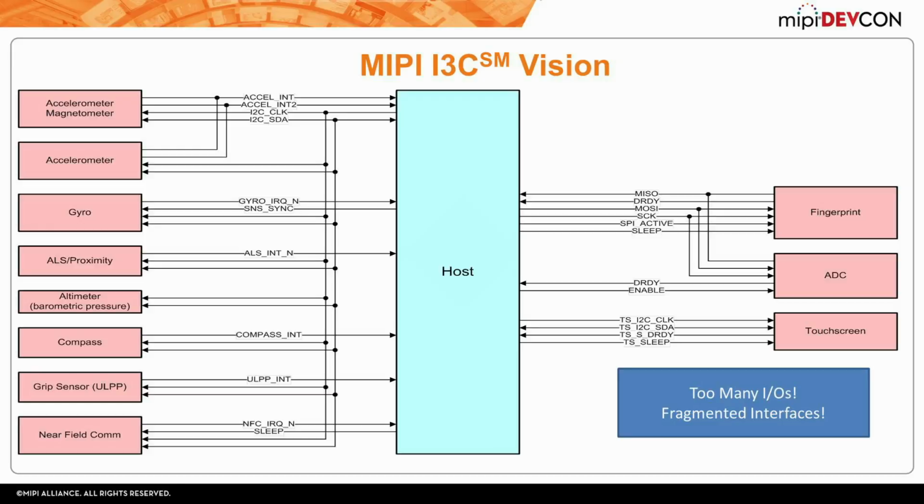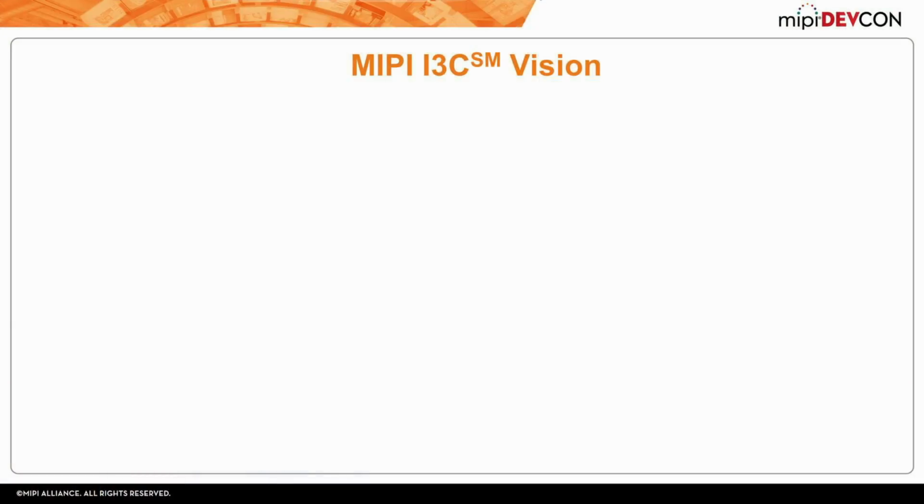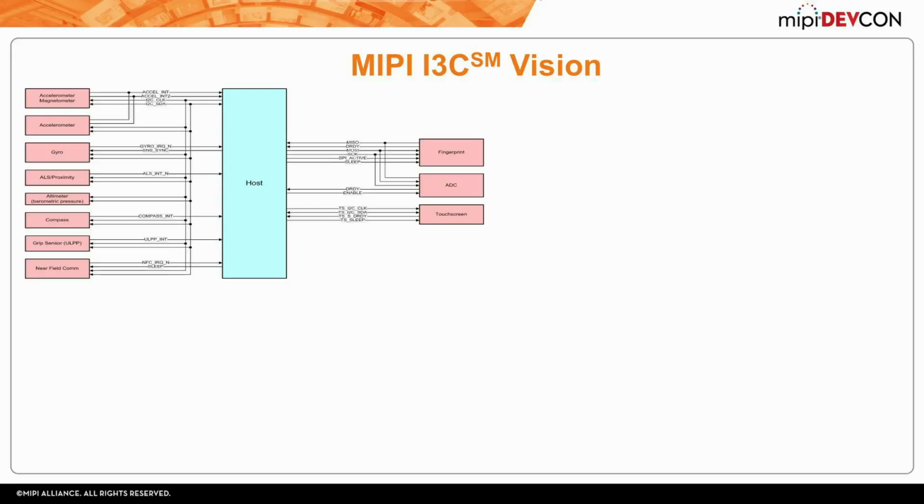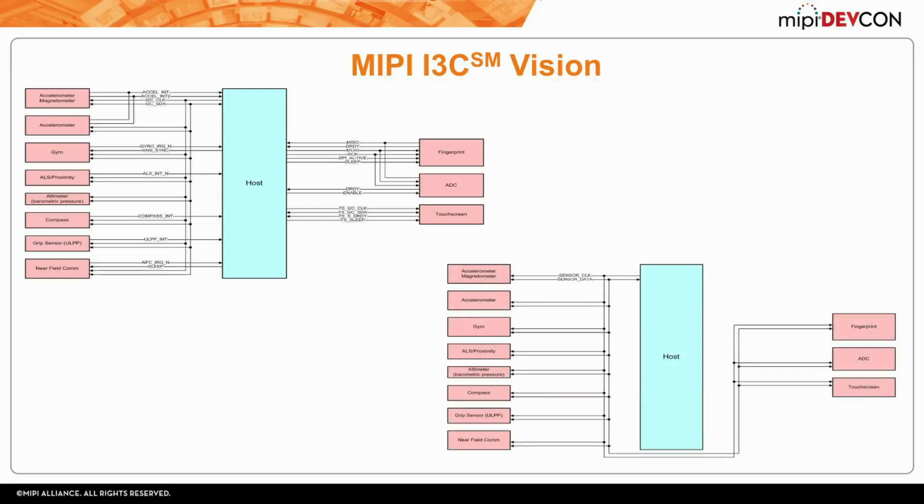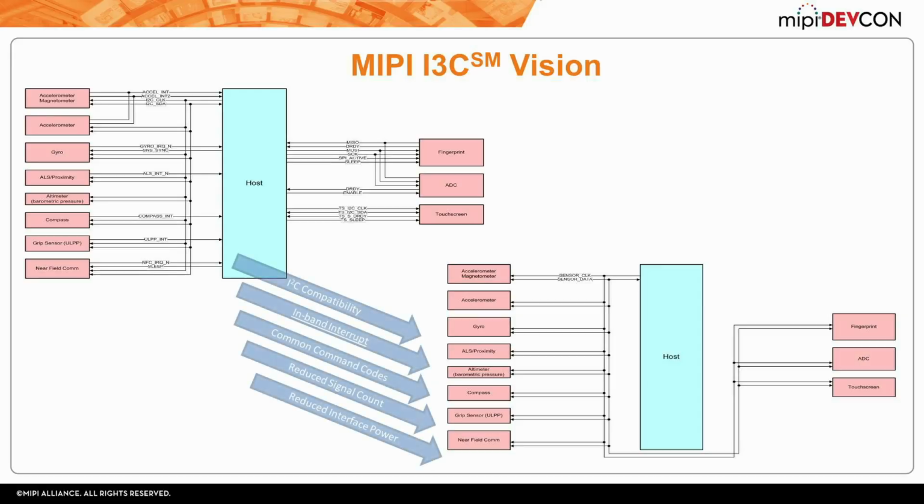So we dared to envision a future where you condensed all of those potentially onto two wires, a clock and a data wire in standard mode, and tied this together while maintaining I2C compatibility. As we found in our surveying and discussions with the industry, I2C really is the strong incumbent, and those legacy devices will exist for some time.